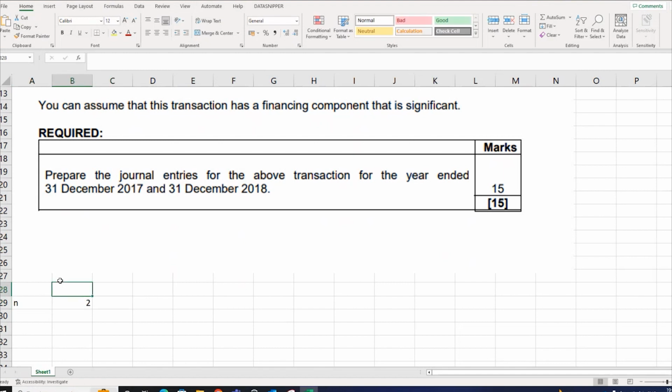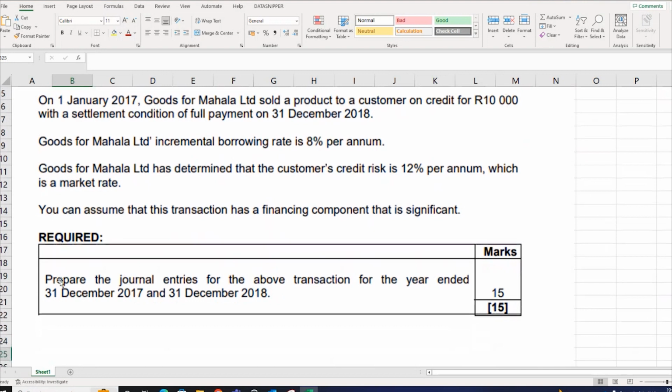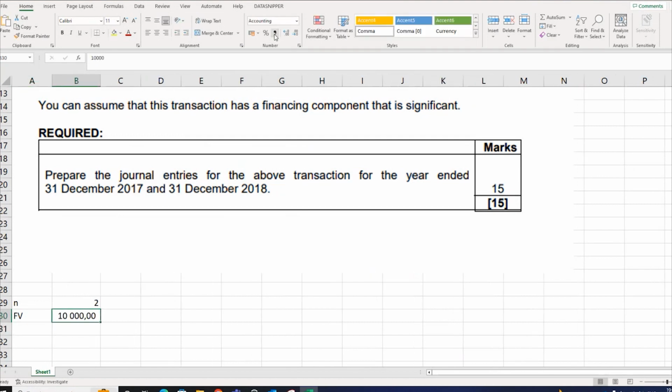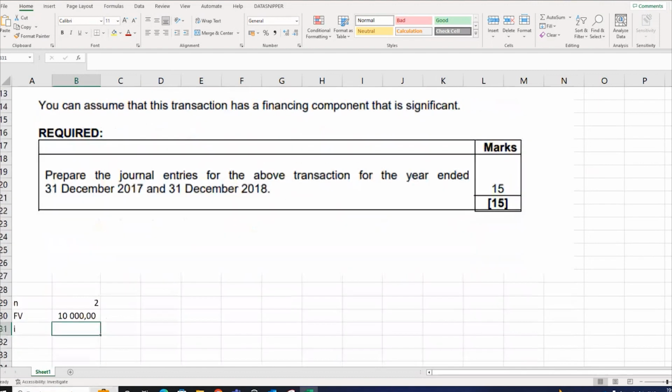You're going to get the payment in 2 years' time, like it says in the question, the 10,000. Then the future value will be 10,000 Rand. And just as we said now, the discount rate that we're going to use will be the one that reflects the customer's credit risk, which is 12%.